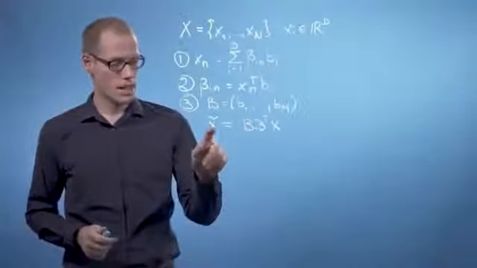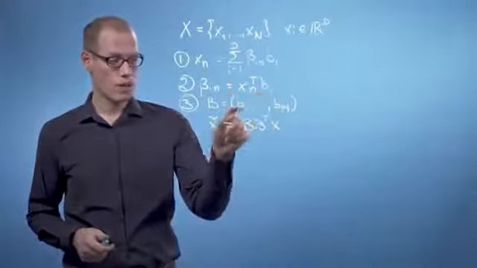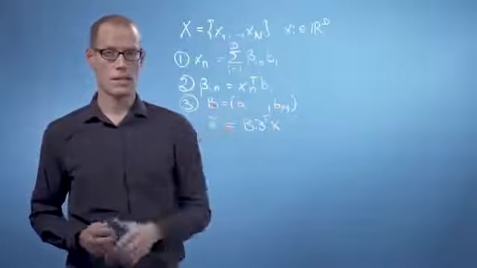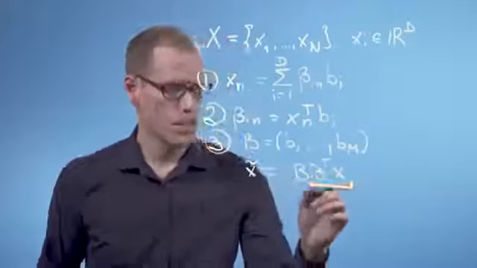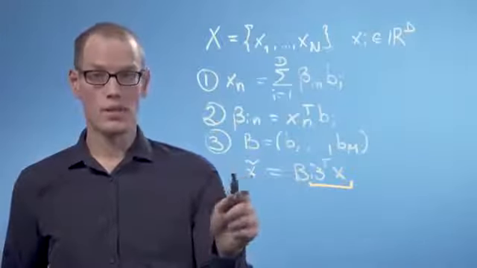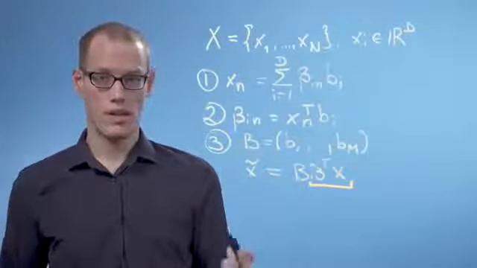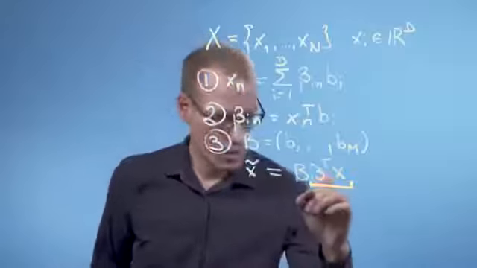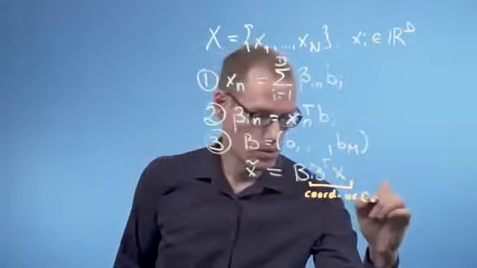That means x tilde is the orthogonal projection of x onto the subspace spanned by the m basis vectors. And B transpose times x are the coordinates of x tilde with respect to the basis vectors collected in the matrix B. This is also called the code. So coordinates or code.